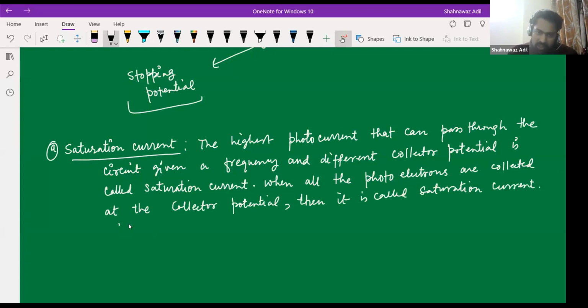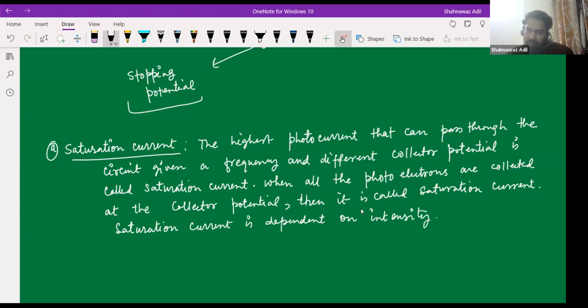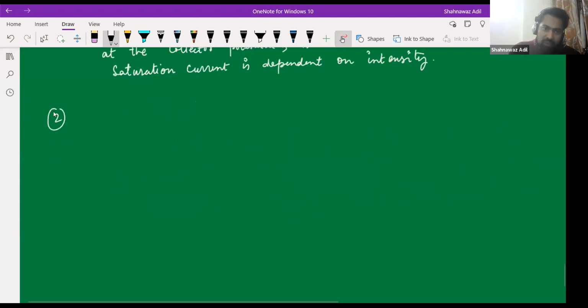And saturation current is dependent on what? Potential or intensity? Yes, saturation current is dependent upon intensity. So this is about saturation current. Absolutely correct.